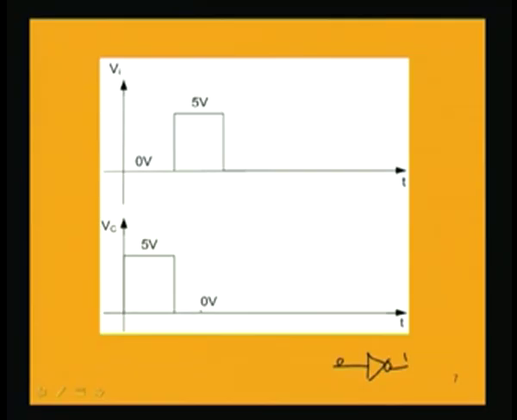When the transistor is on, it is in the saturation mode, and we get the collector voltage equal to 0. But when the transistor is in cutoff, we have the output voltage equal to 5 volt, and this is the cutoff mode of operation.